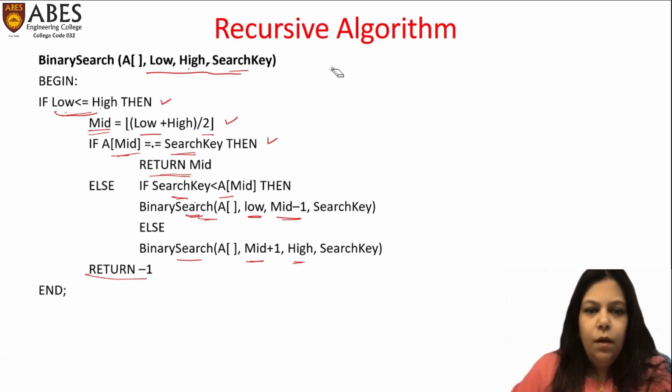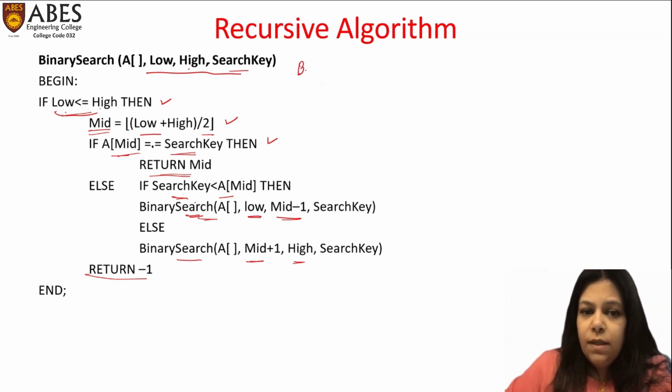Now, in order to compute the time complexity of the binary search algorithm, we know that the complexity is divided into three ways, wherein we have to discuss the best case, average case, and the worst case of any algorithm.